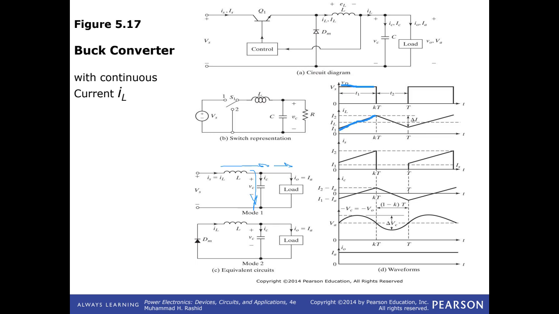We assume that it is continuous current mode. Inductance current, by the way, this time, IL is the inductance current. Inductance current is going to rise. And also the supply current is exactly the same as this one. It's going to rise linearly.